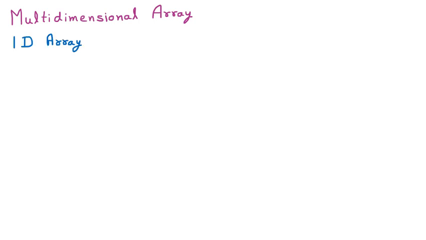Whenever we have a simple array, a bar with some numbers inside it, that is called the 1D array. I am taking one example to make you understand. Let us suppose this is an array A, which has some specific places, and we know that they start from the index value 0, 1, 2, 3 and 4.